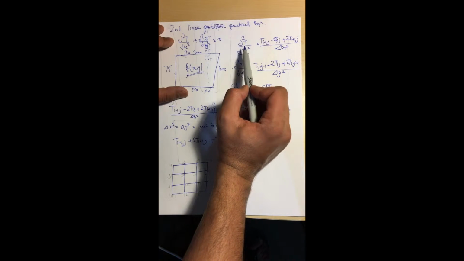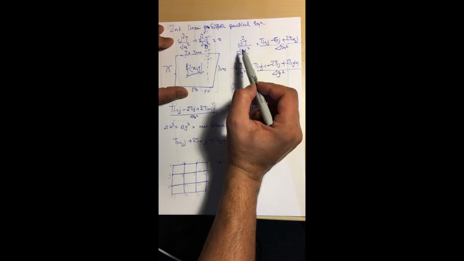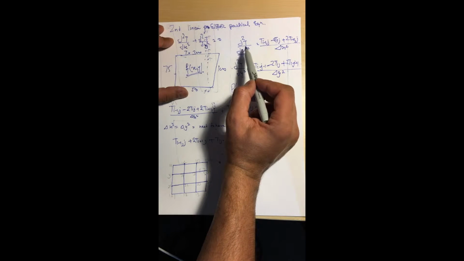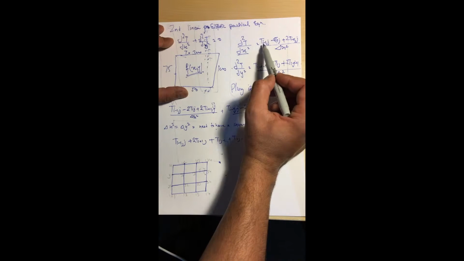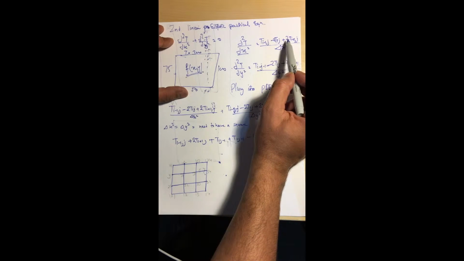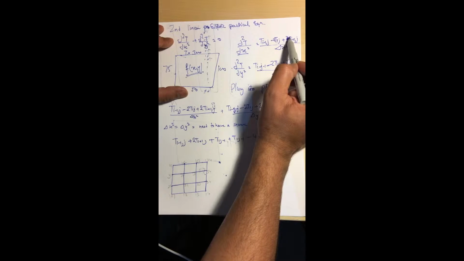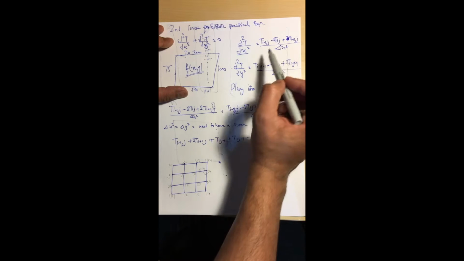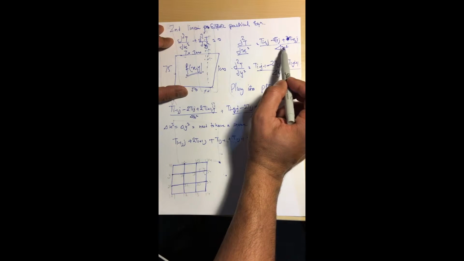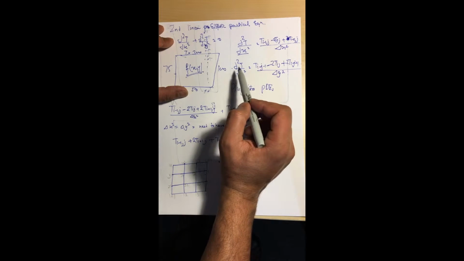So let's discretize it. d²T/dx², which is our change in temperature in the x direction, is T(i-1,j) minus 2T(i,j) plus T(i+1,j), divided by delta x squared.